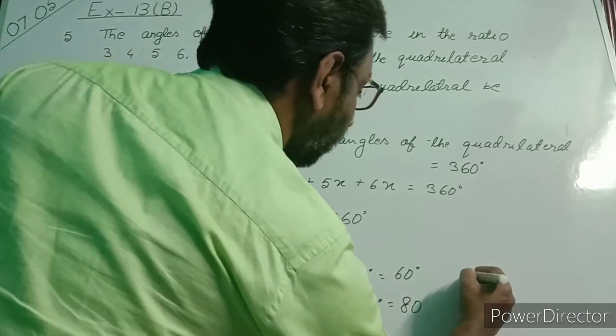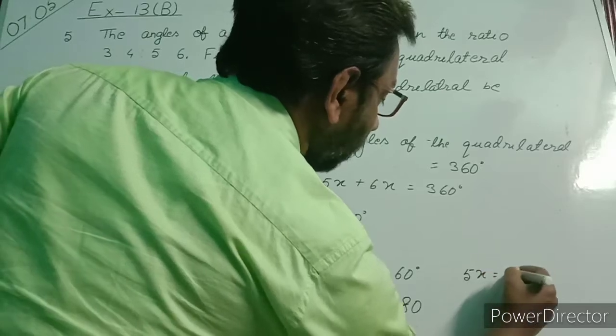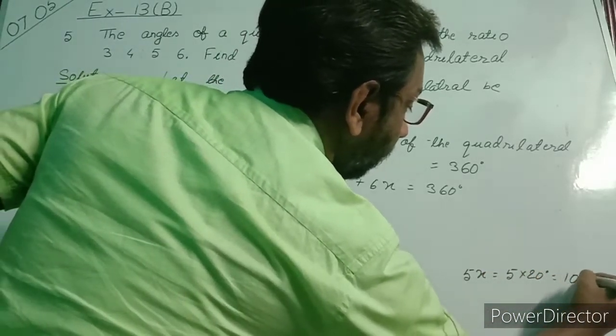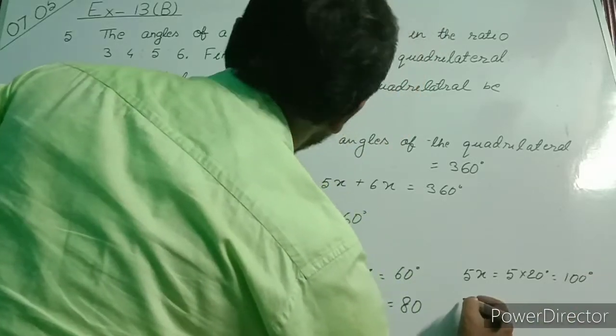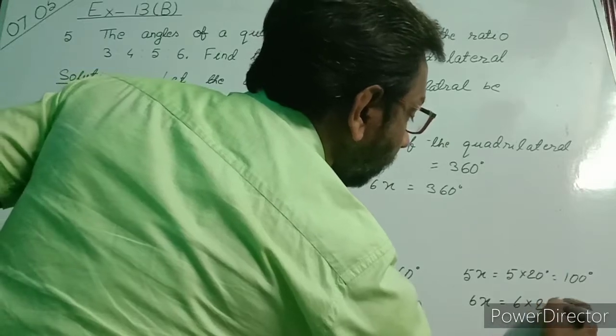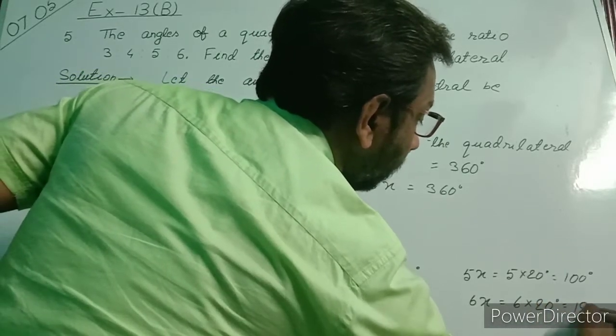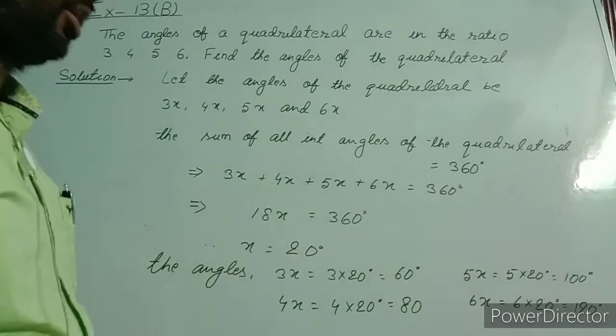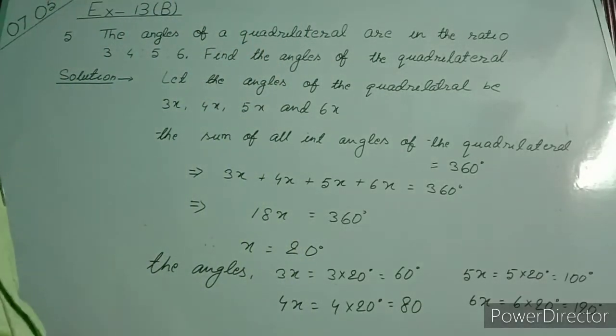Third is 5x, 5 into 20 degrees equal to 100 degrees. And the last is 6x, 6 into 20 degrees, that is equal to 120 degrees. So these 60 degrees, 80 degrees, 100 degrees and 120 degrees are the angles of the quadrilateral.